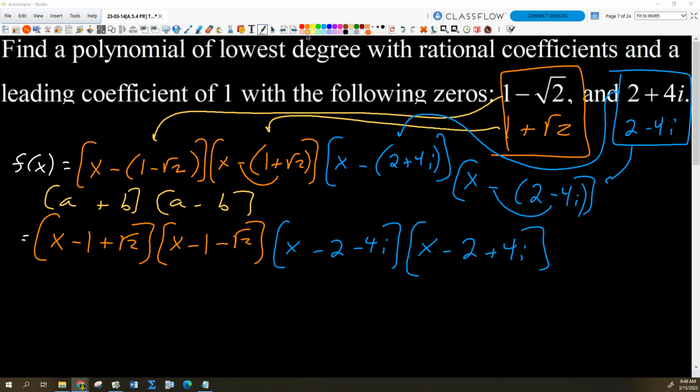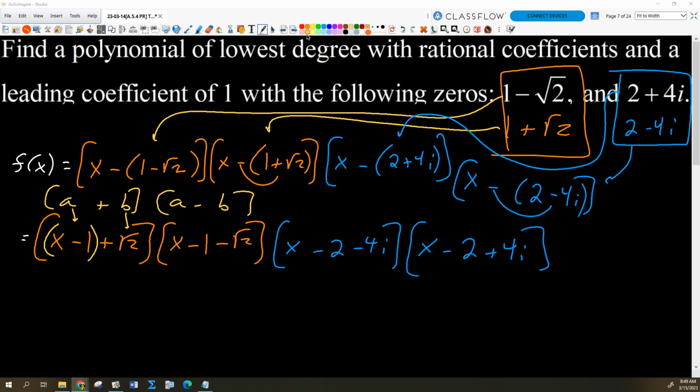Do you see the same thing for the first term and the opposite thing for the second term? Is there anything that's the same in both of those? Because that would be a. x minus 1. Yeah, look at that. What if I regroup this so a is x minus 1 and b is the square root of 2?